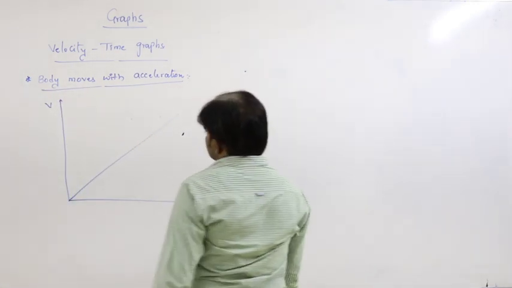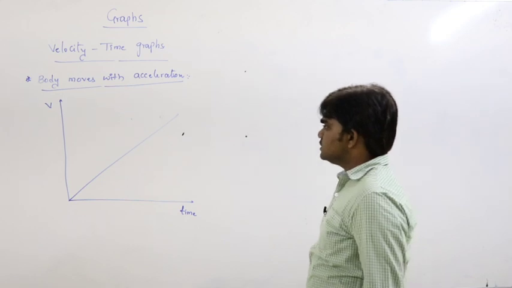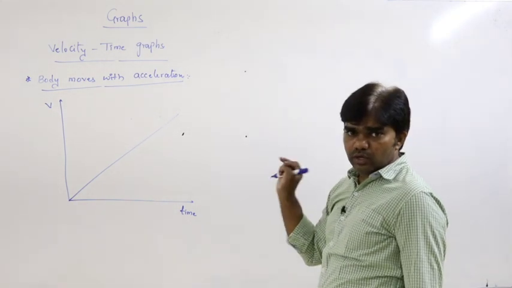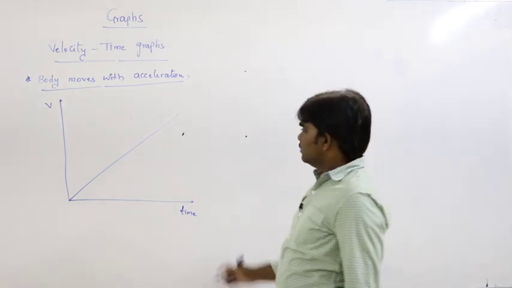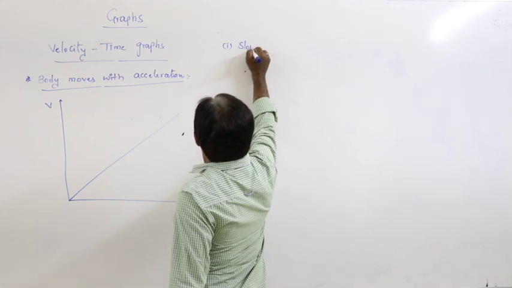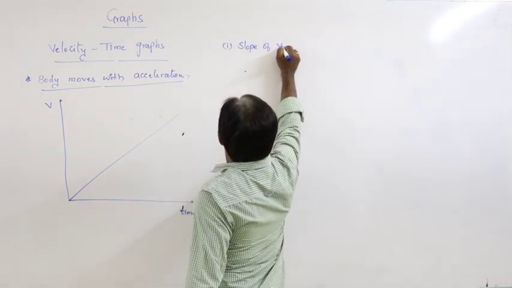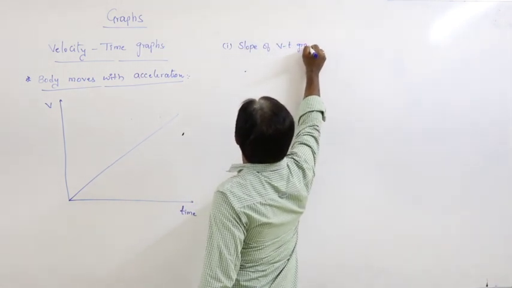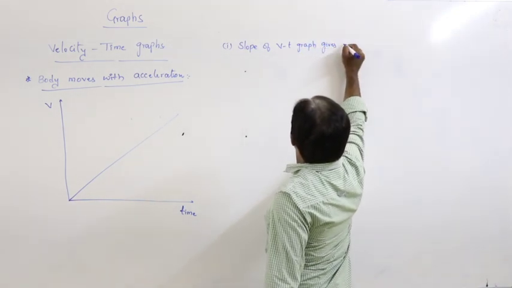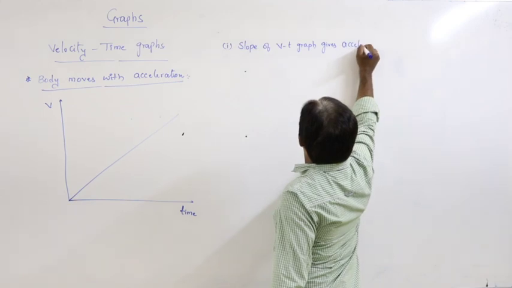So here, the important thing is we have to calculate two conditions for this graph. First condition is slope of velocity time graph gives acceleration.